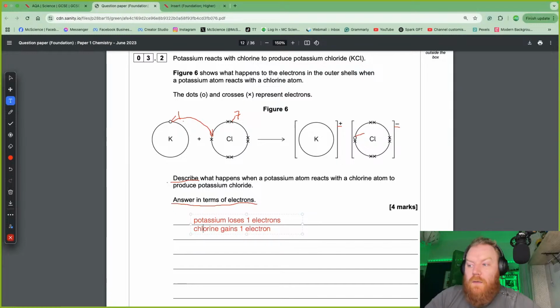To get the final 4th mark, you have to say then to form ions. Or you can also say to form full outer shells.